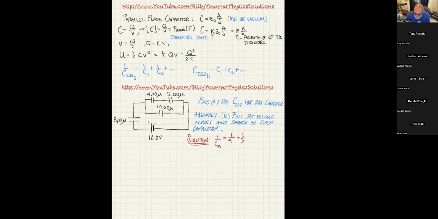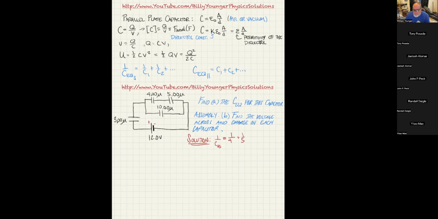Of course, the least common denominator for 4 and 5 is 20. The way I do it just quickly in my head is I check and see if the smaller number, the 4, can actually go in the larger number, the 5. It can't. So then I try multiples of the 5. 1 times 5 has already been tried. I try 2 times 5, that's 10. 4 doesn't go into that. 3 times 5 is 15. 4 doesn't go into that.